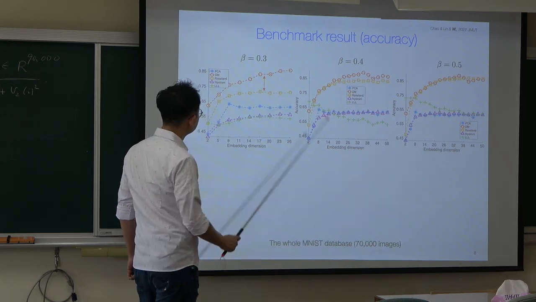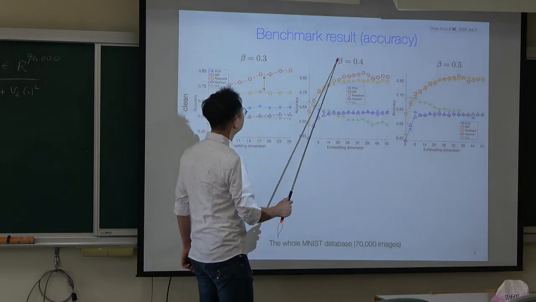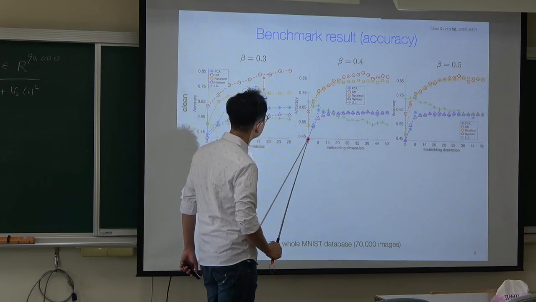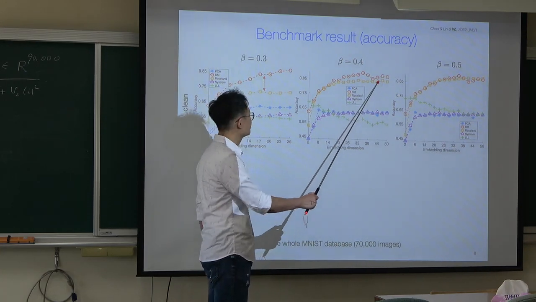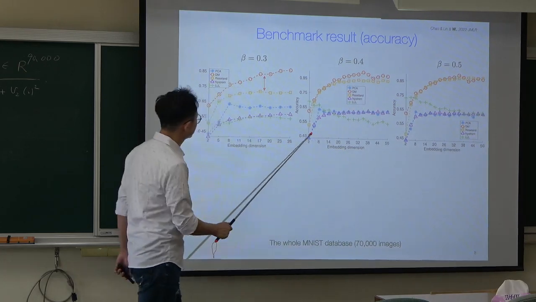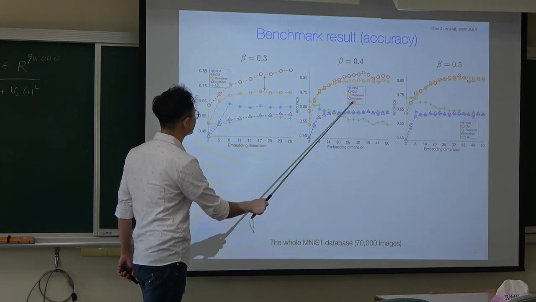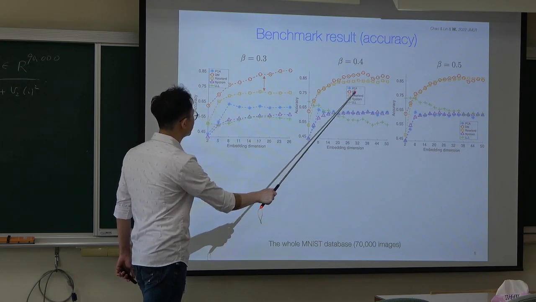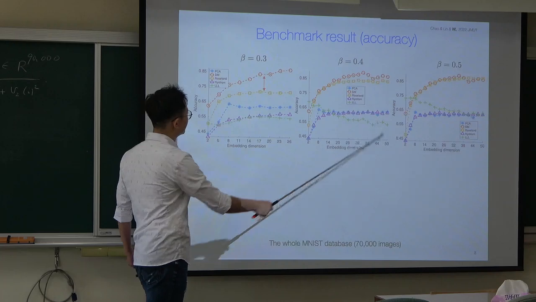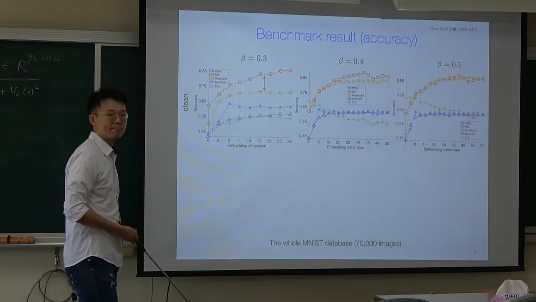Okay. Now, if you go up to 0.4, you can see that Roseland start to catch up with diffusion map. But the other algorithms like Nystrom or LLL, they do not really improve too much, and the PCA is always the same here. Doesn't matter, right?